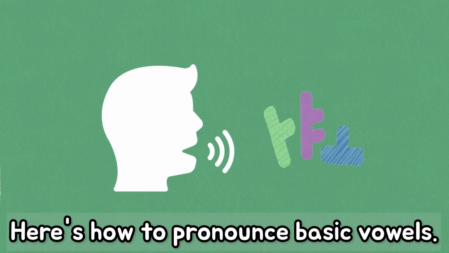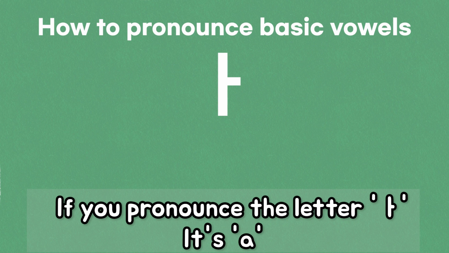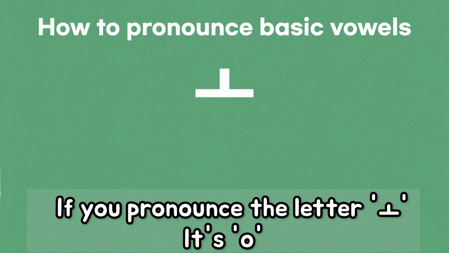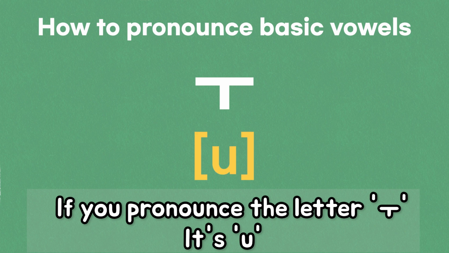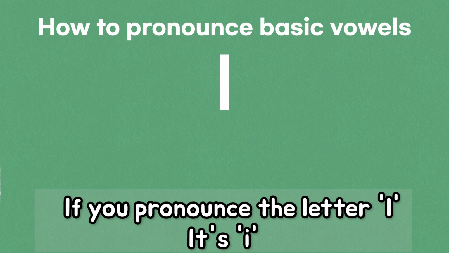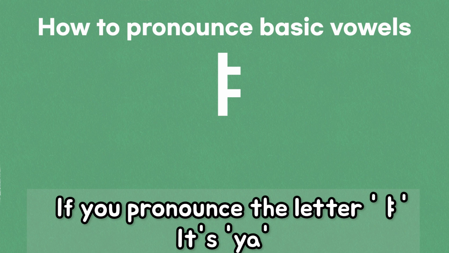Here's how to pronounce the basic vowels. If you pronounce the letter ㅏ, it's A. The letter ㅓ is O. The letter ㅗ is O. The letter ㅜ is U. The letter ㅡ is U. The letter ㅣ is E. The letter ㅑ is Ya.